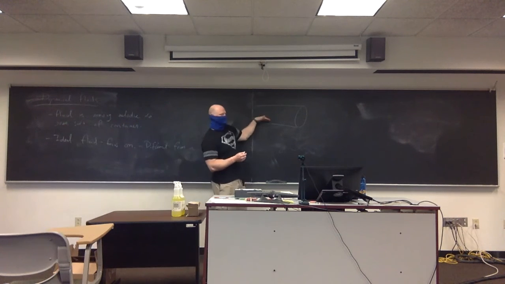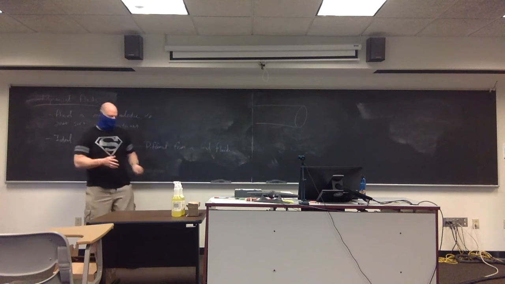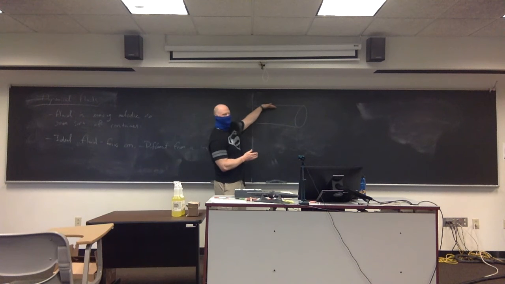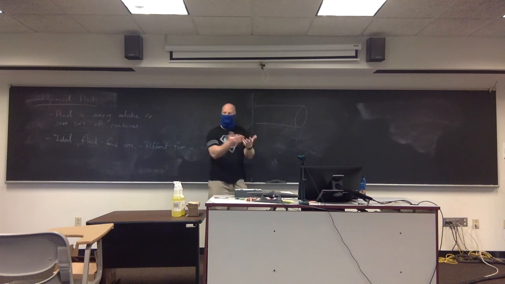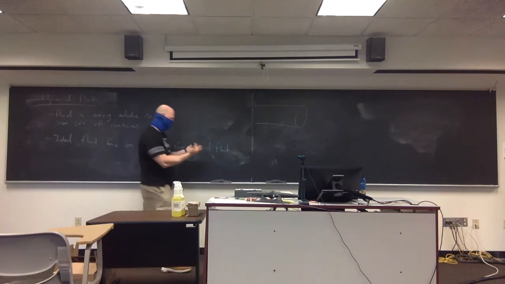Near the sides of the tube, I would have some sort of friction term. As the fluid is trying to move through, there would be friction between the walls and the fluid itself, which would cause the velocity of the fluid near the walls to be very small. The fluid is rubbing against the walls, which slows it down.